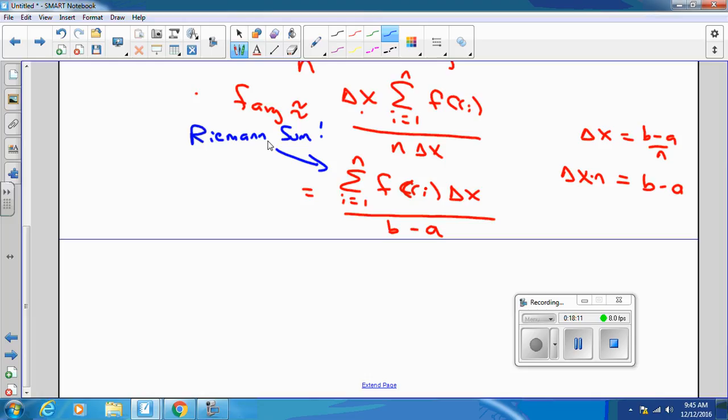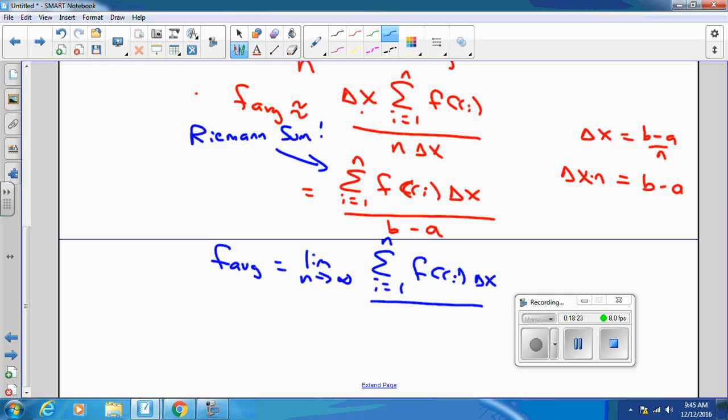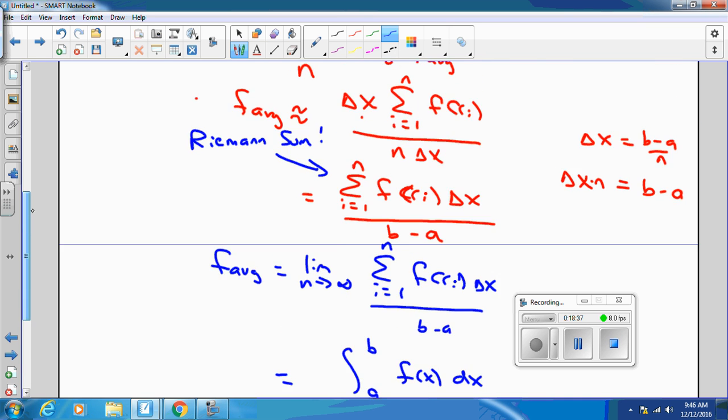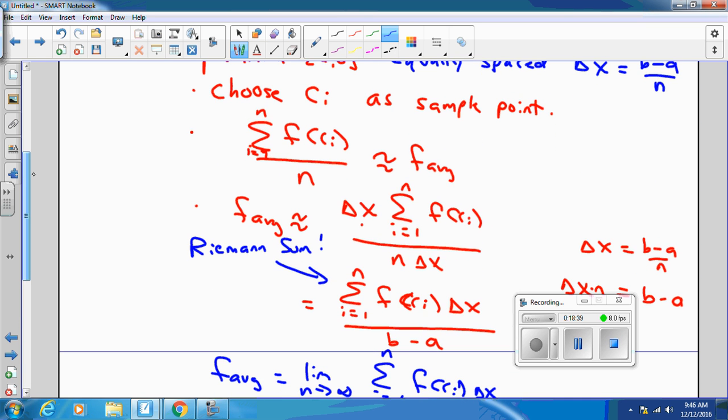Ta-da! I get a perfect average value. So we say then, f average is the limit, as n goes to infinity, of the sum from i equals 1 to n of f(c_i) delta x all over b minus a. And that limit is exactly the integral from a to b of f of x dx.